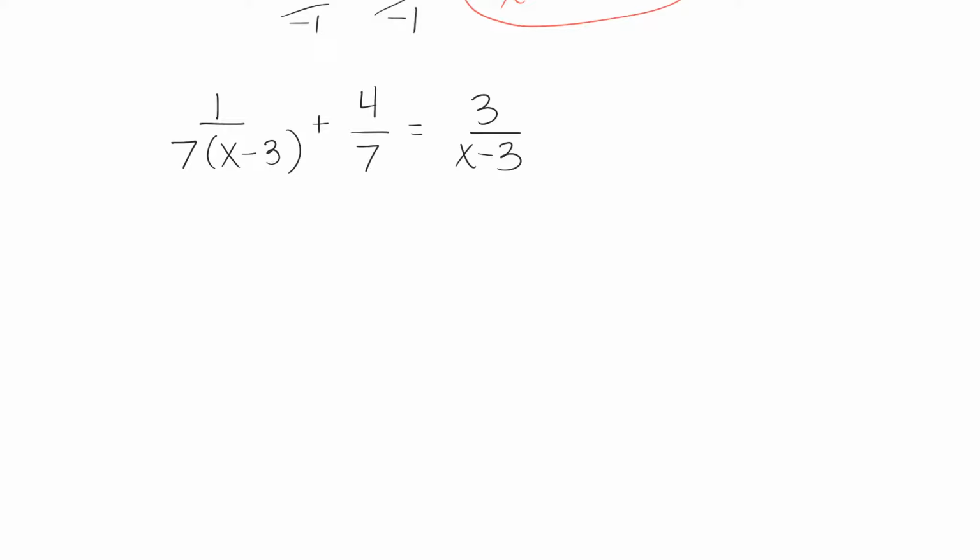So remember, when you don't have a really blatant common multiple, our best bet is to multiply everything together. And if we look really carefully, that's kind of already done. Like the 7 and x minus 3, well, if I multiply them together, it's 7 times x minus 3. So it's already done. So this is going to be my common denominator.